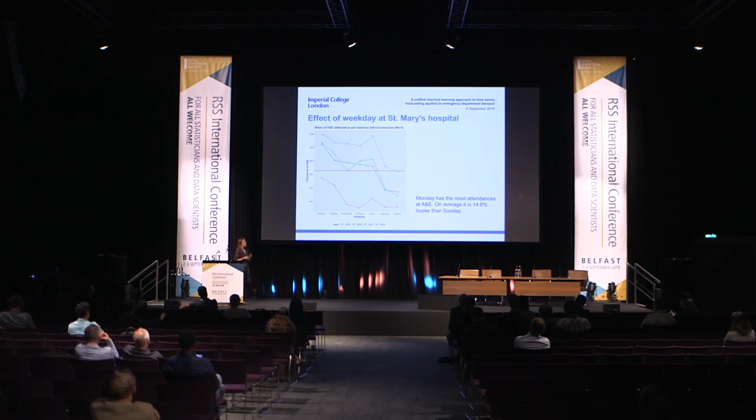And there's also a different kind of seasonality, obviously: the weekdays. You see that there is a maximum on Mondays and another maximum on Fridays, and it's lower during the week and actually quite low on weekends. So on average, a Monday is 14.8% busier than a Sunday.